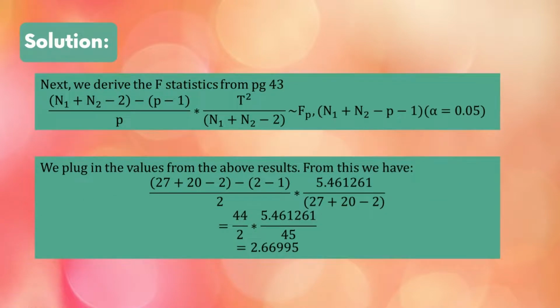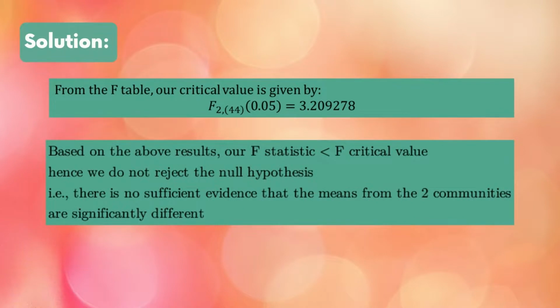Next, we derive the F statistic from page 43 with our alpha 0.05. Then we plug in the values from the above results and we have 2.66995. From the F table, our critical value is given by 3.209278.